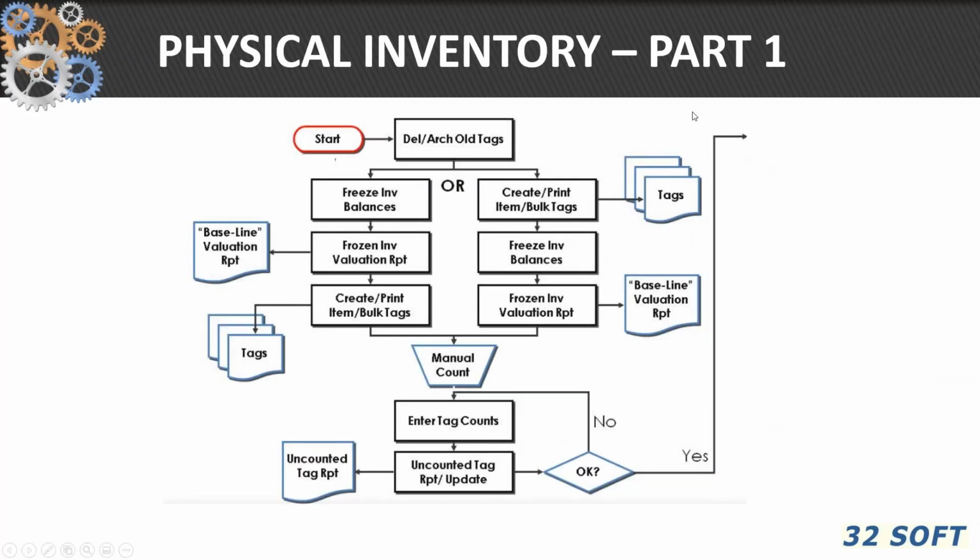As far as QAD is concerned, the first step is to delete and archive your old tags. Then you can either freeze the balances, run your report, print the tags, or you can print the tags, freeze the balances, and run your reports. I'd recommend the left, that you freeze the balances and then you create your tags. You then go out and do the manual count of parts. You enter those into the tag count menus. You account for uncounted tags.